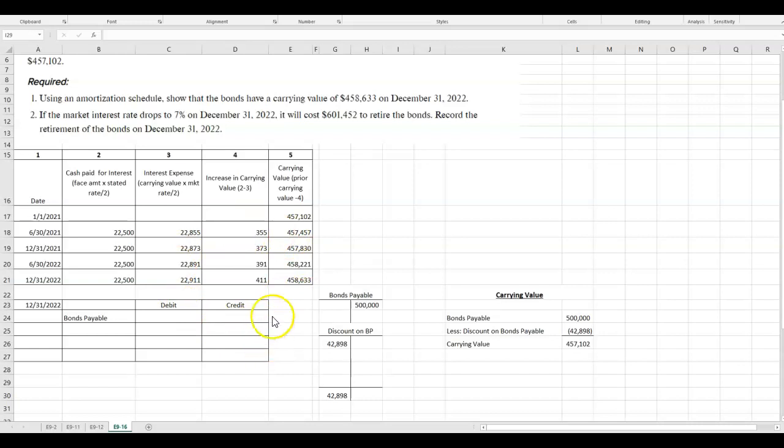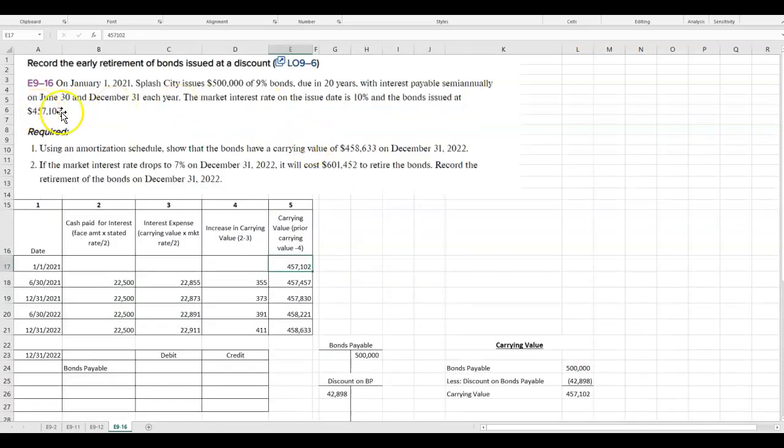So here's the deal. We want to retire it. The amount we owe on bonds payable is $500,000. We started out with a $42,898 discount because the carrying value was $457,102 on the issue date, because that's what it was issued for.